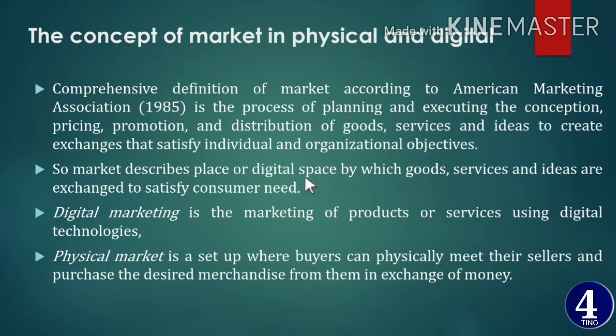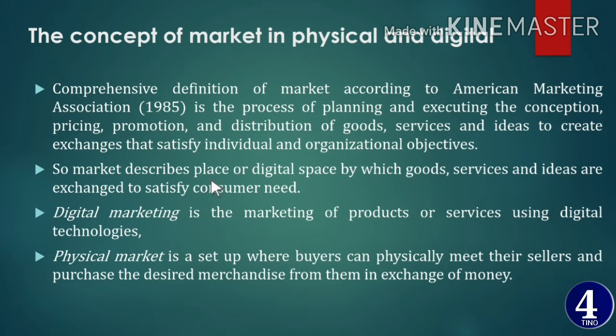Buyers and sellers communicate digitally using the internet, communicating and negotiating with each other and paying the money online, and the products are delivered to the buyers in accordance with the specification and the payment of money. So we can describe market as a place or a digital space by which goods, services, and ideas are exchanged to satisfy consumers' needs. Not only consumers, actually, the buyers' needs and the sellers' needs also.